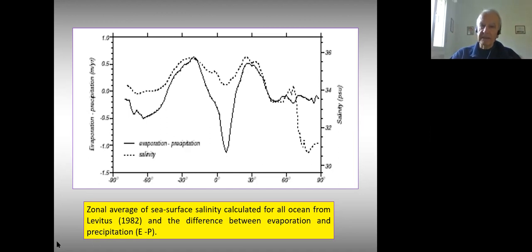You may see here that we should have evaporation minus precipitation. This is the exact parameter which determines the salinity. In precipitation we have rainfall and river runoff.